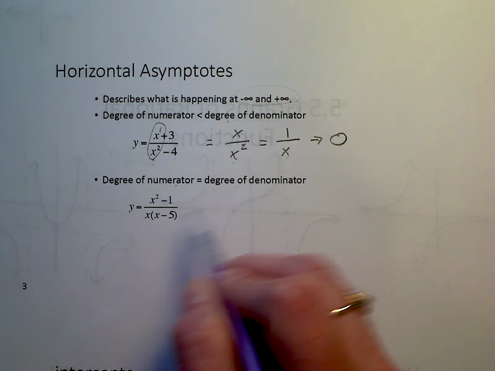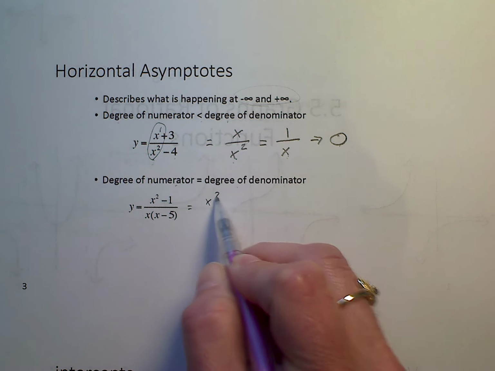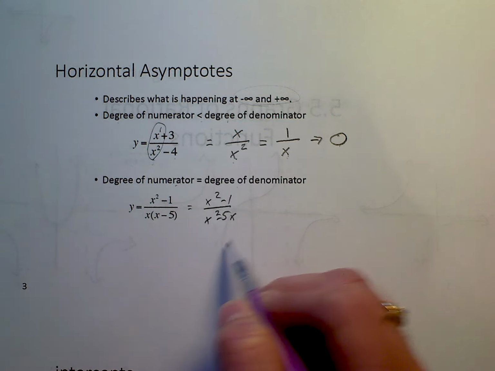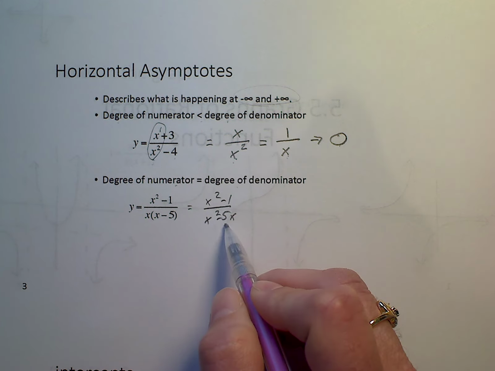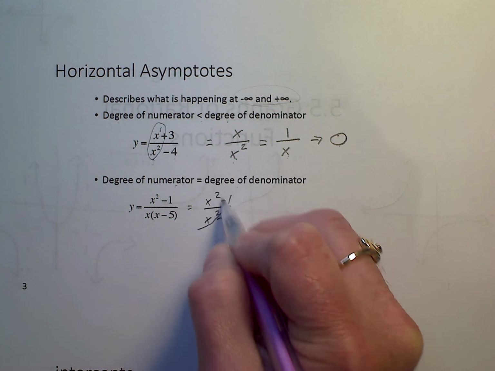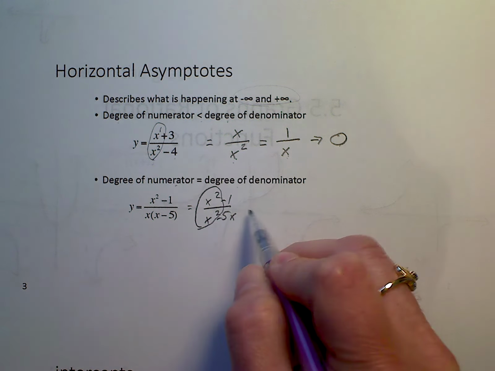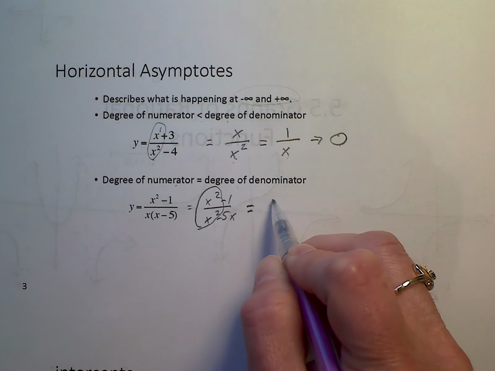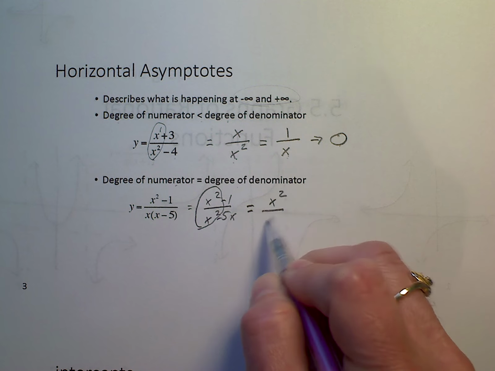So this is the same thing as saying x squared minus 1 over x squared minus 5x. When x is really, really big, I don't care about the rest of this stuff. I only care about the leading terms. I say they're what's driving the train, all right? So I have x squared over x squared.